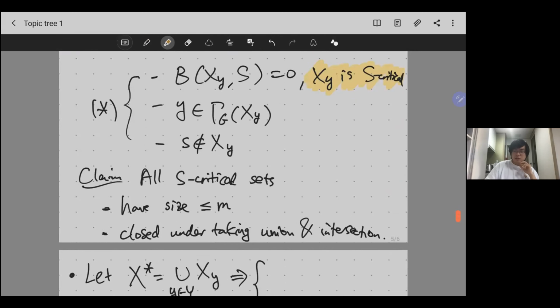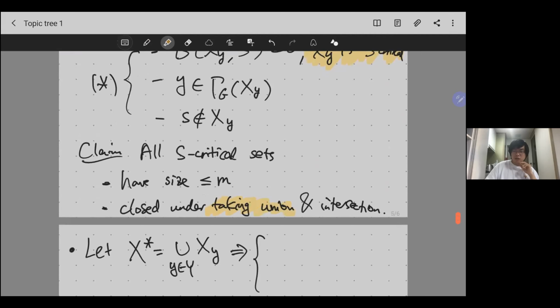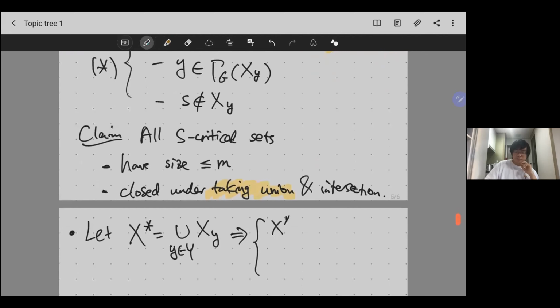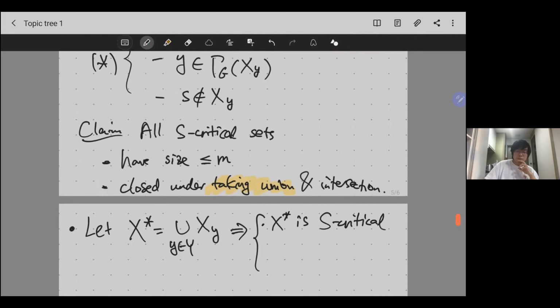And since criticality is closed under taking union, if you take the union of all these small critical sets, X star is also S critical. So X star is S critical. And what else?